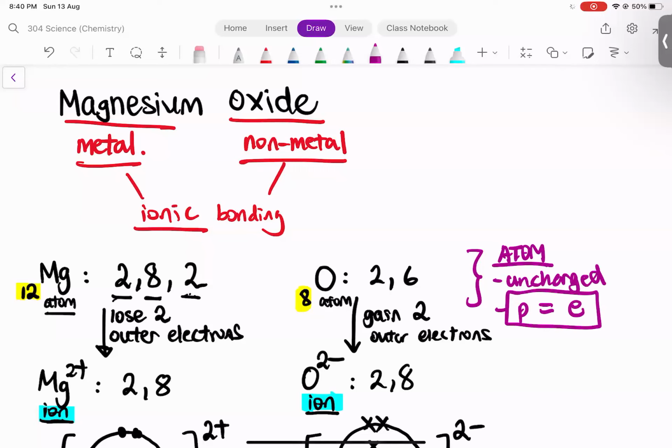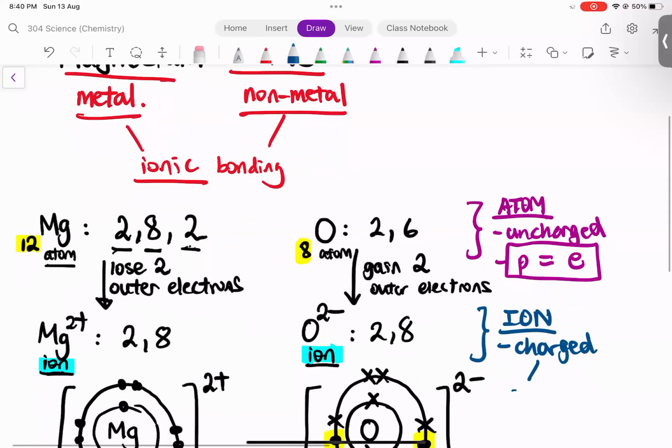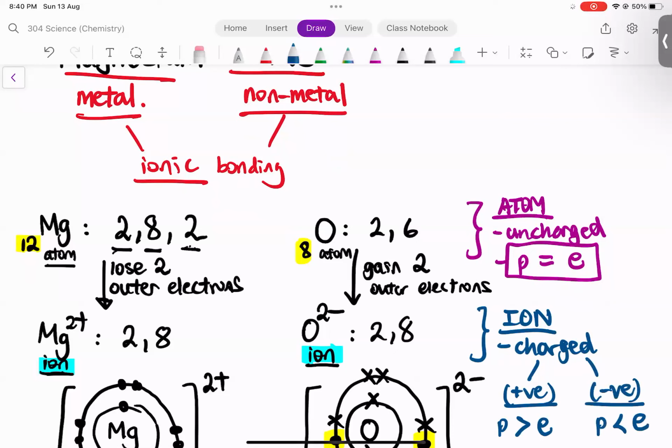Oxygen atom, 8 electrons, 8 protons. However, once you get to the ion, ions have charge. They can either be positively or negatively charged. If it's a positive ion, this is because the protons are more than the electrons. If it's a negative ion, the protons are less than the electrons. Okay, so let's quickly take down and ensure we know the difference between atoms and ions.